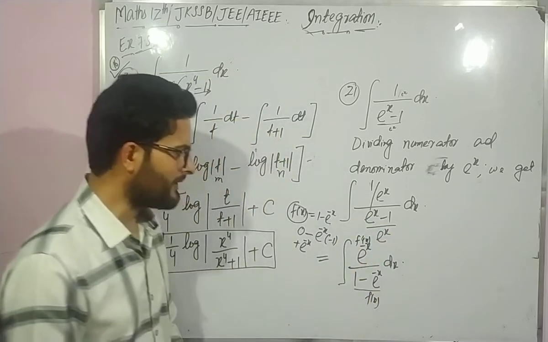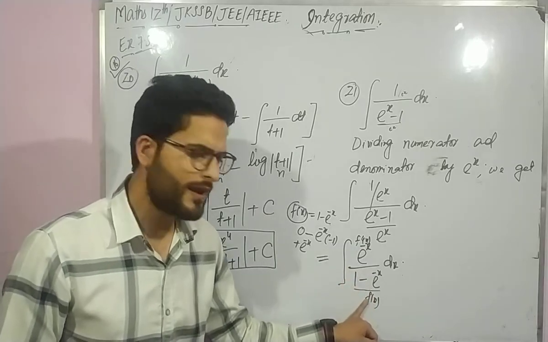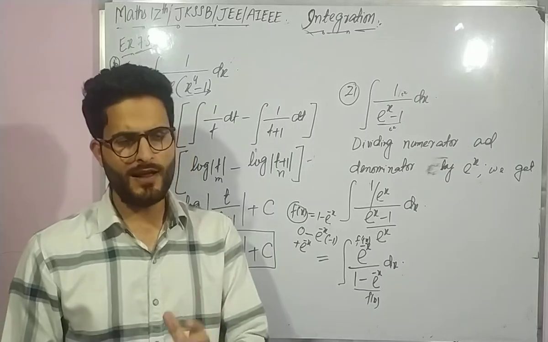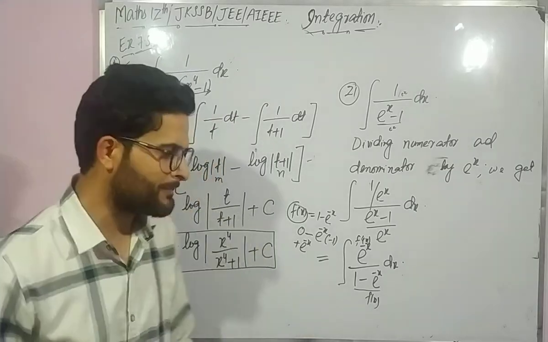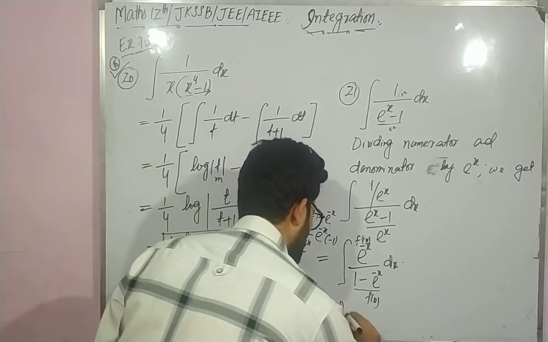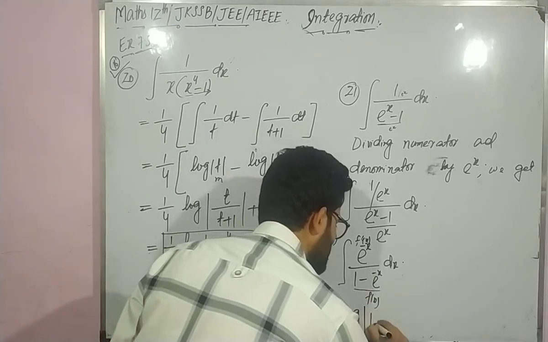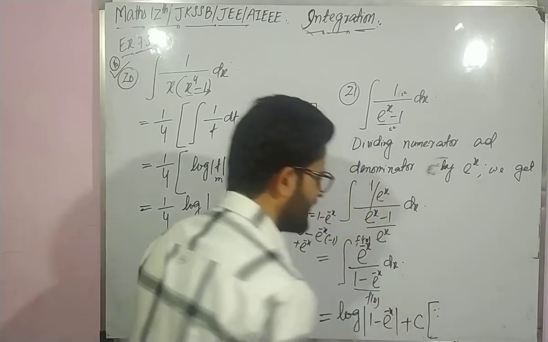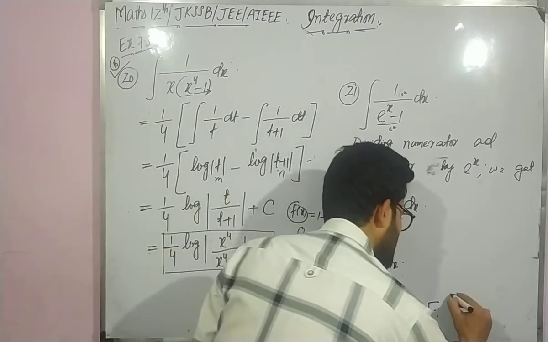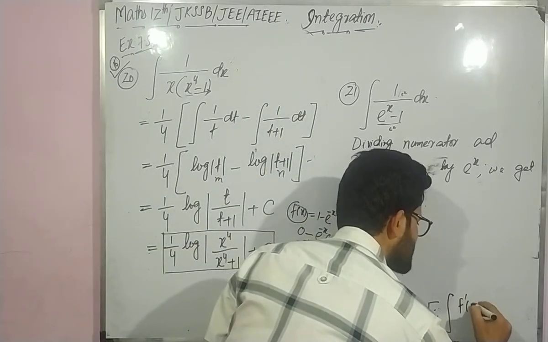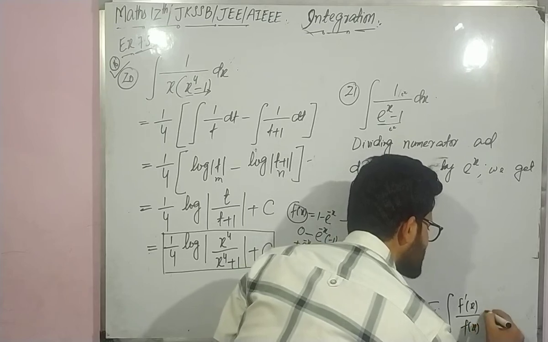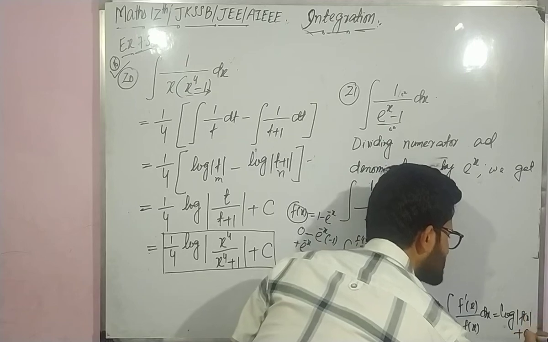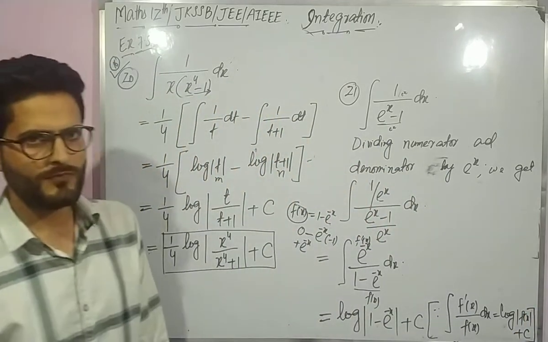So it has taken the shape of integration of f dash x divided by f of x dx, and for integration of f dash x divided by f of x dx, we have proved the result, that it is directly equal to log of mod of f of x plus c. So its integration is directly equal to log of mod of f of x, that is 1 minus e power minus x plus c, the constant of integration, right?